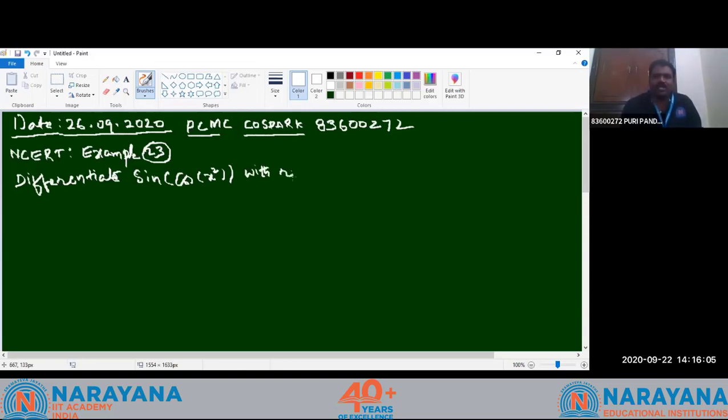That means we are finding the differentiation of sin of cos of x square with respect to x.